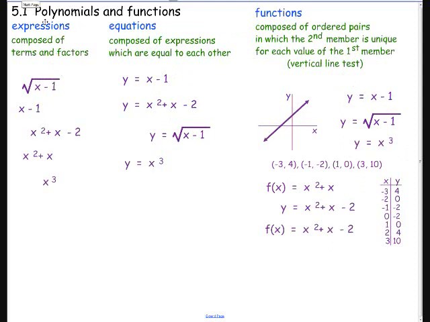So, just a little summary. Expressions, these are composed of terms and factors. Let's take a minute to think about terms and factors. Here we have something under a square root, and if I look at this whole thing together, it is a term, right?